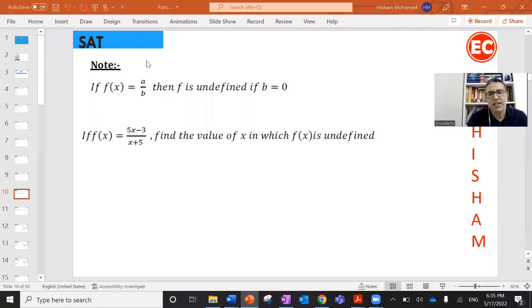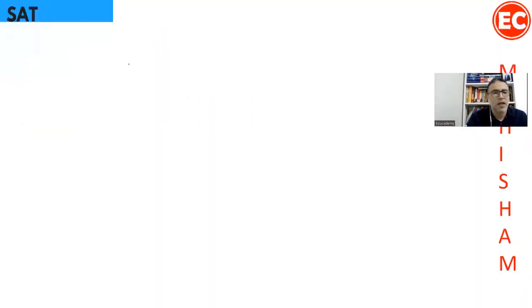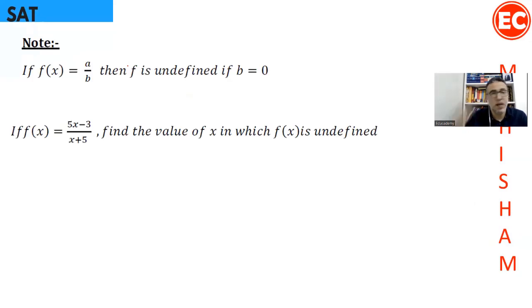If f of x is equal to a over b, then the function is undefined if the denominator is equal to 0. Again, for any function, especially a fractional function like x plus 1 over x minus 3, this function is equal to 0 only in one case, if the numerator is equal to 0.